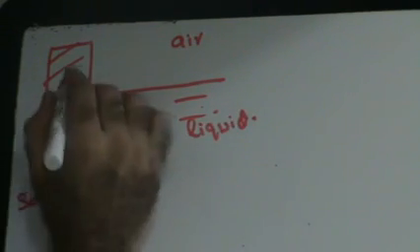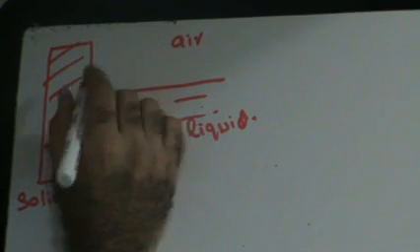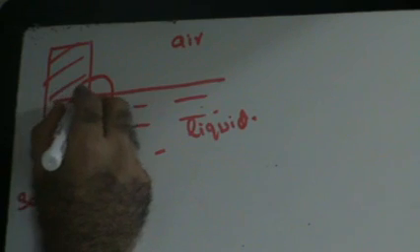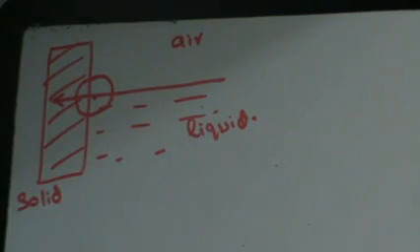Right? Let's assume that you have a molecule A which is on the surface of the liquid, such that a part of the sphere of influence is in the liquid, in the air, and in the solid. Now, let's try to see the forces that are going to be acting on it. Since a part of the sphere of influence is in the solid, there would be a tension acting from the solid.